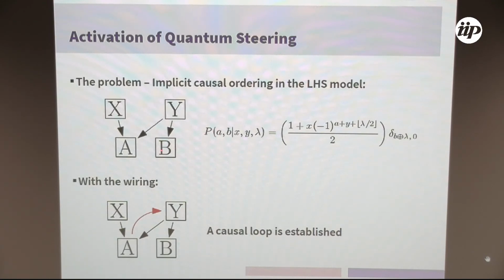If I say that decomposition is possible, and then I allow some communication from Alice's side to Bob's choice, we end up with a causal loop. So this, in a sense, breaks down this decomposition as a possible decomposition for the system in the first place.